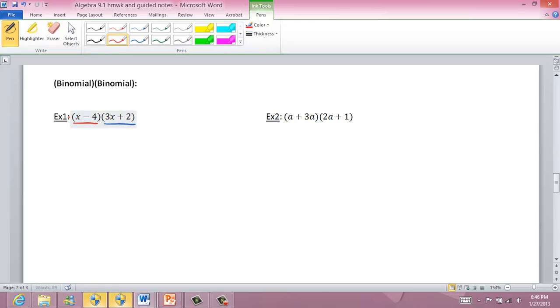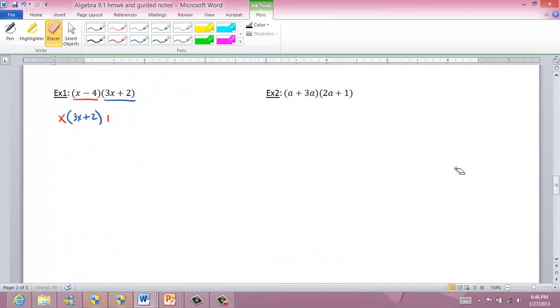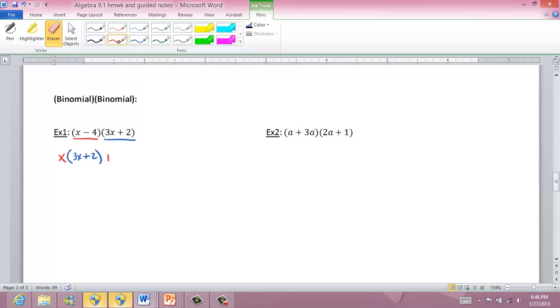I'm going to pull this first term x out and distribute it to each term in the second binomial. I'm then going to pull out that negative 4. Since it's negative, I am going to pull it out as negative 4 times (3x plus 2).